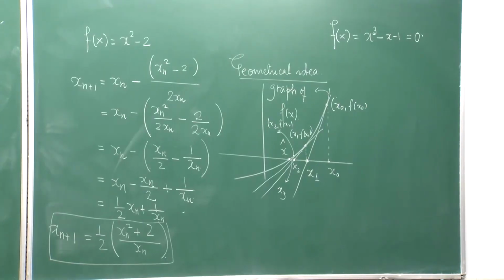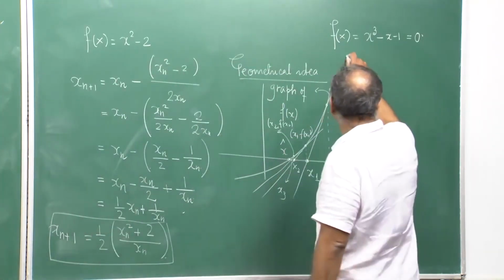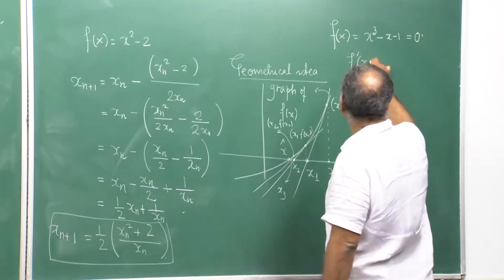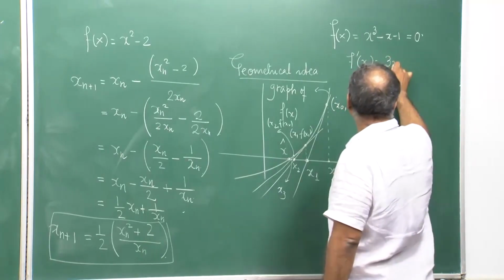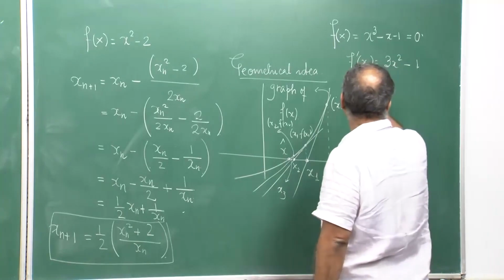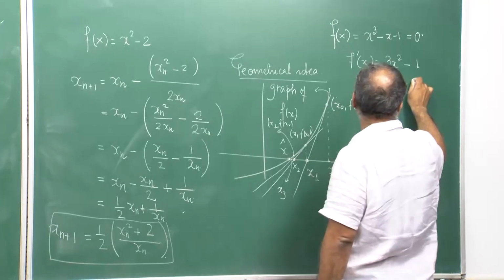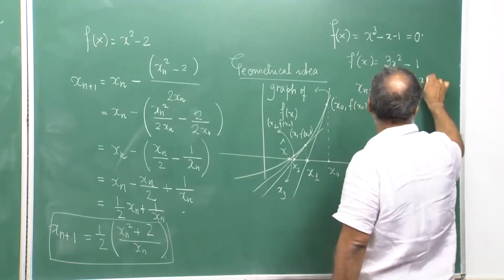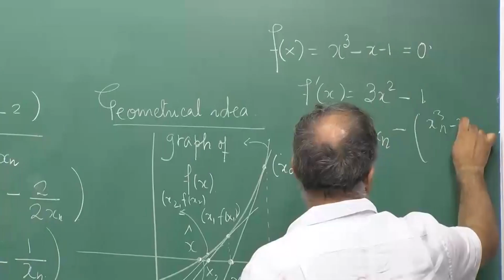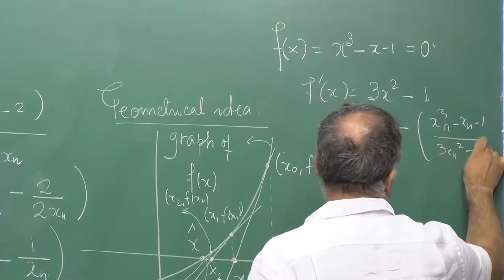You will start with some point and start moving, and here you have to find f dash x equal to 3x square minus 1. So your x(n+1) in this case would become xn minus (xn cube minus xn minus 1) divided by (3 xn square minus 1).